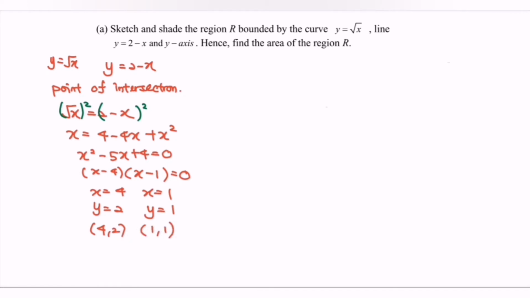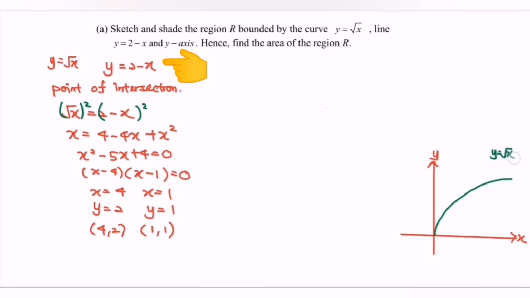Next is to sketch the graph. As we all know, for the function y equals square root of x, here we have the curve. As for the function y equals 2 minus x, we have the graph going towards the left and passing through the value 2.